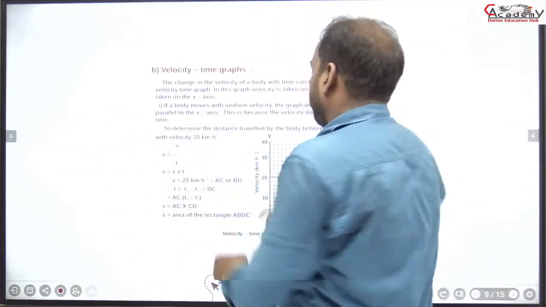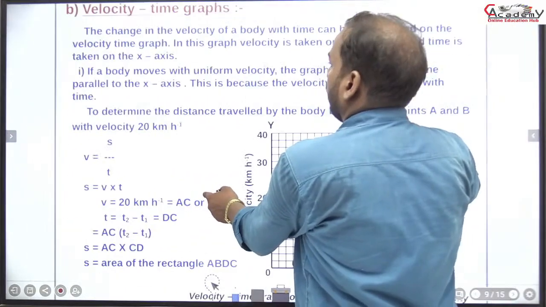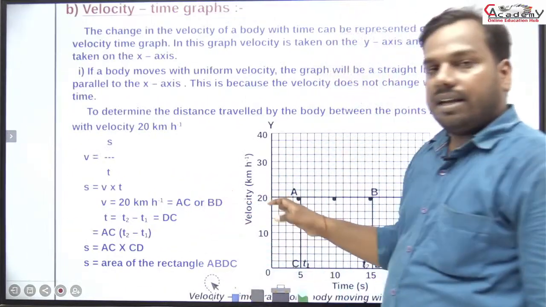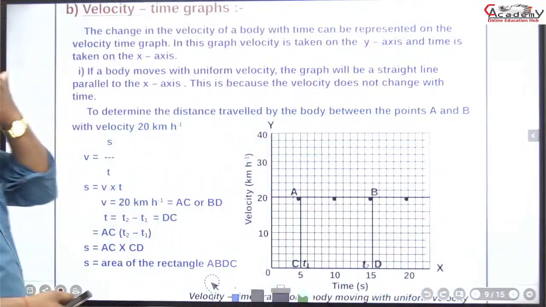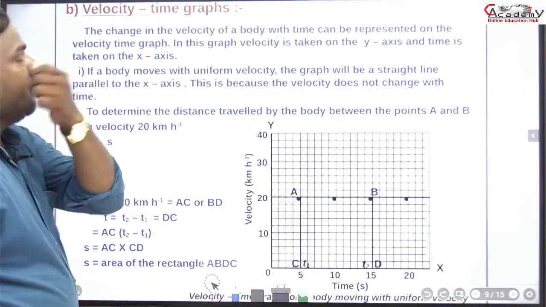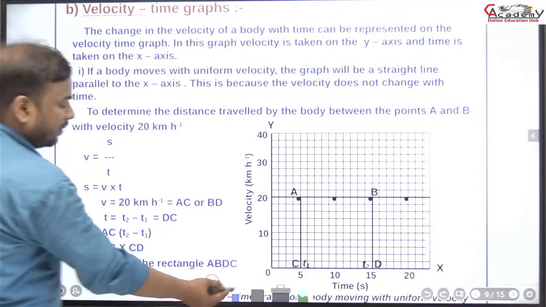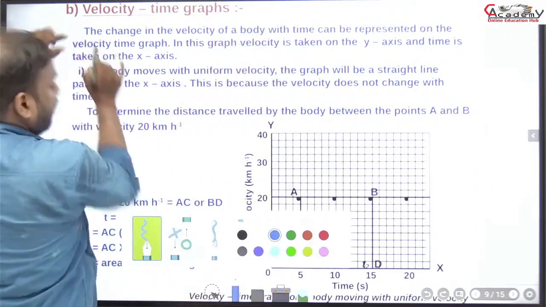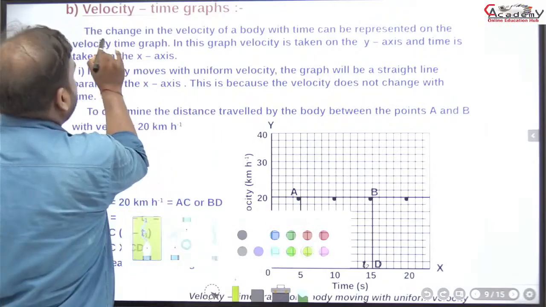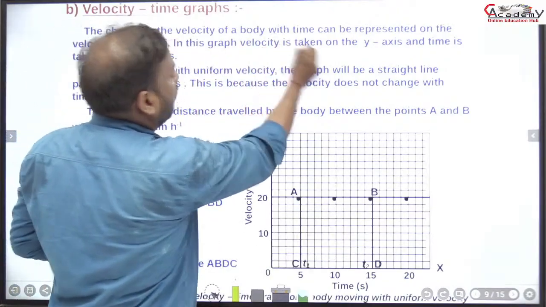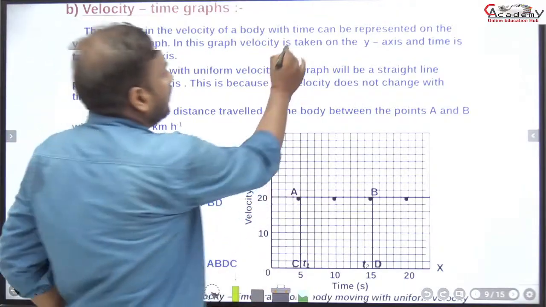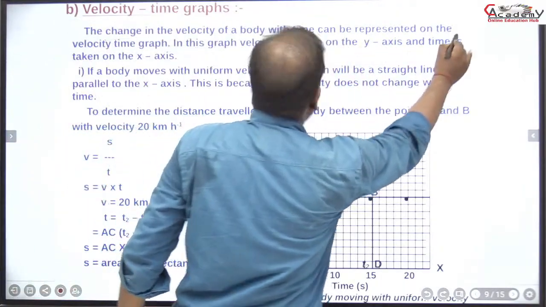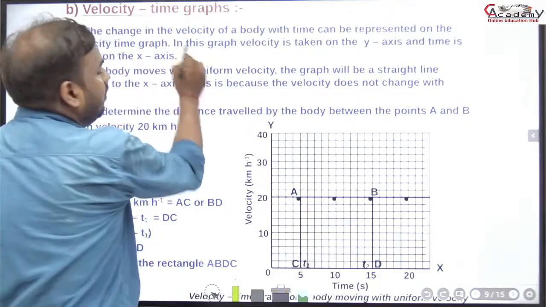Now next is the velocity time graph. Firstly we see carefully, after that we draw a velocity time graph. What is the velocity time graph? It means the change in velocity of a body with time can be represented on the velocity time graph.